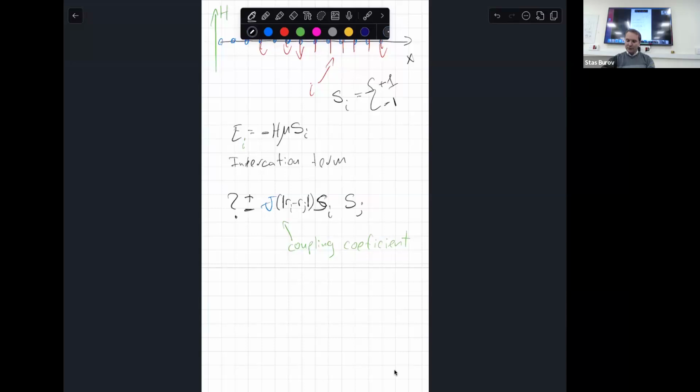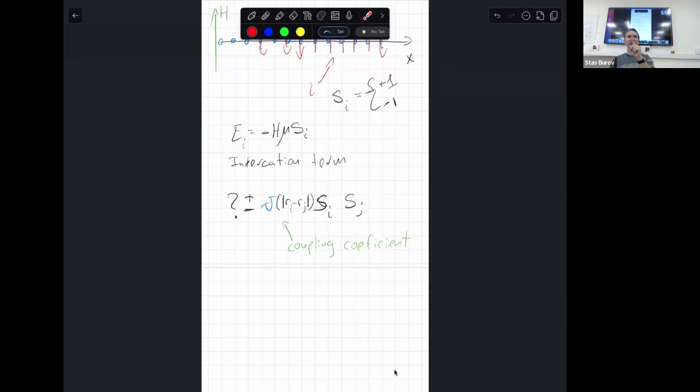So if Si is exactly in the same direction as Sj, okay? So it doesn't matter if Si is 1 or -1, and Sj is 1 or -1, as long as they have exactly the same value, +1 or -1, this gives us a plus. If they have opposite direction, this gives us -1.